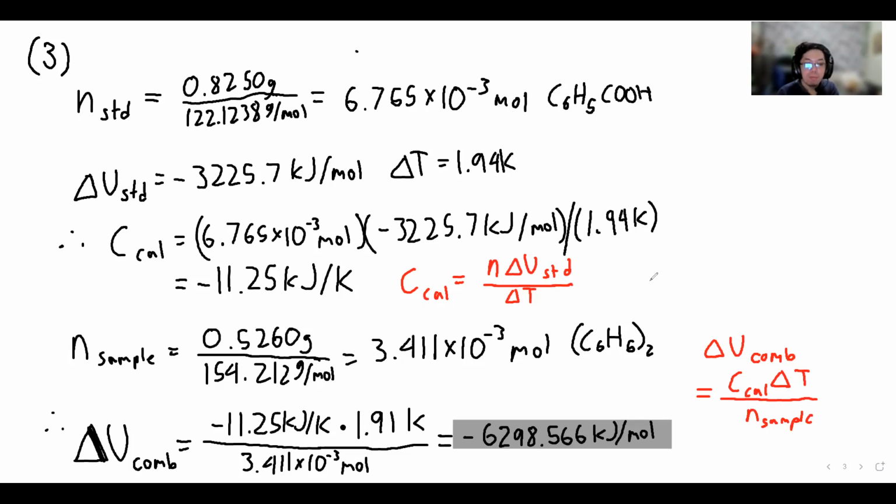I forgot to put po the delta T for the sample, which is equal to 0.21 Kelvin. And so, ayan po, we can calculate delta U combustion from these three.